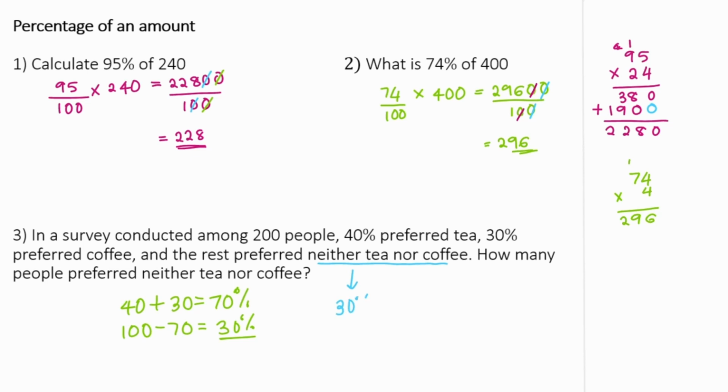So we're going to look for 30% of the 200 people, and we're going to write 30% as a fraction and multiply it by 200. 3 times 2 is 6, and because we have 3 zeros in my question, we're going to make my answer 1,000 times bigger, so that becomes 6,000, and my denominator will be 100. And we can simplify this by cancelling zeros in the numerator with the denominator, and that gives us 60. So 60 people out of the 200 do not like tea or coffee.